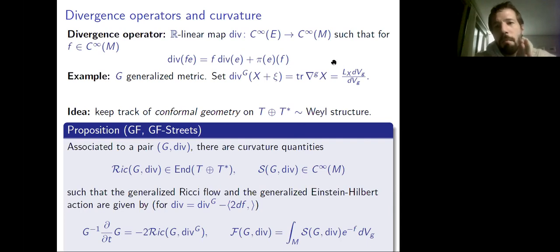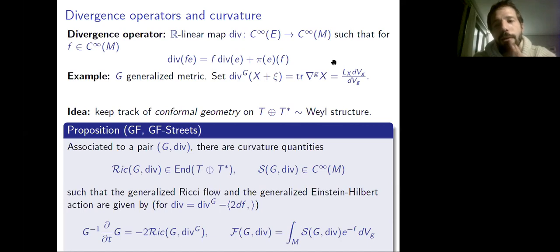If I give you a Riemannian metric, in order to look up curvature quantities, what you do is to define a Levi-Civita connection, right? And this connection is uniquely defined by the two properties that it is metric compatible and it is torsion free.